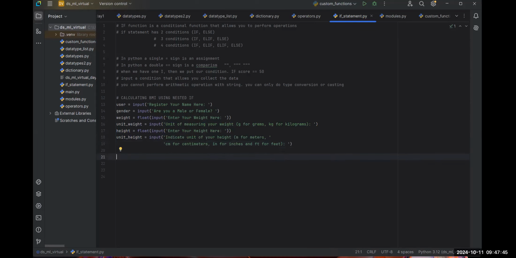Let's proceed. Now, another thing we are going to do is, some people might want to input everything, their name, their gender, their weight, their height, in uppercase. But we are going to format it in such a way that if they put it in uppercase, it will return it in lowercase for us, so that our machine can process the information without having backlogs.